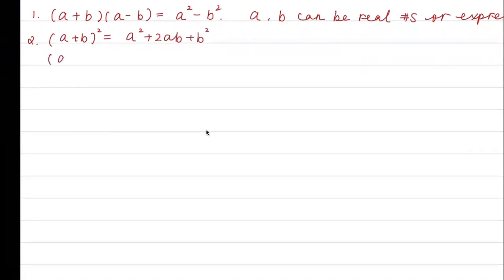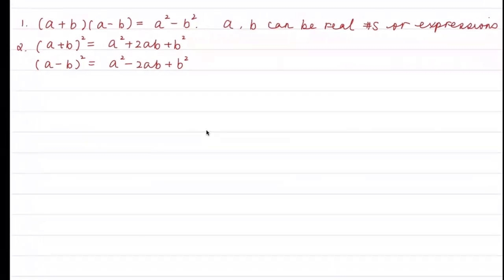A minus B squared is equal to A squared minus 2AB plus B squared. And again, A and B here could be numbers or they could be expressions. Let me highlight this.